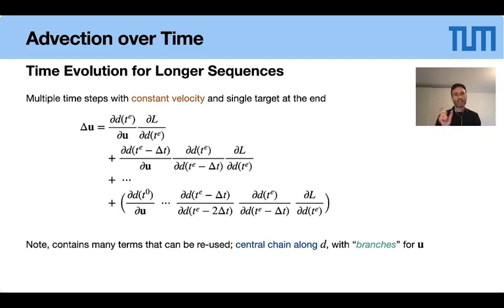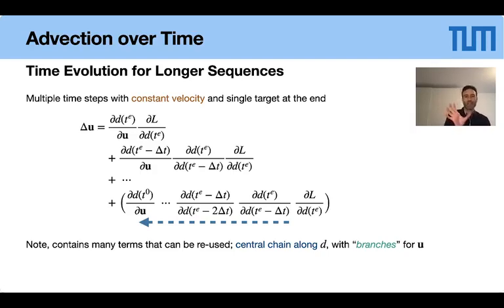So the key here is actually this longest chain of derivatives at the bottom. So here, if you look at the right-hand side, we have again the loss, partial d at time t end. Then that is multiplied from left with the Jacobian for d at t end with respect to d at t end minus delta t, then minus 2 delta t, all the way to t0.